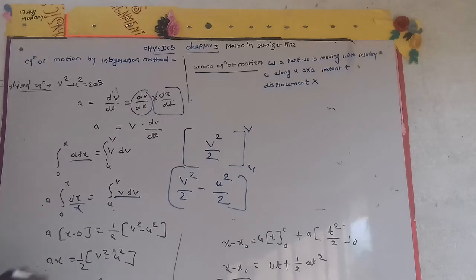So ax equal to 1 upon 2 (v square minus u square), that is 2ax equal to v square minus u square. Since displacement x equals s, we write 2as equal to v square minus u square. This is our third equation of motion.